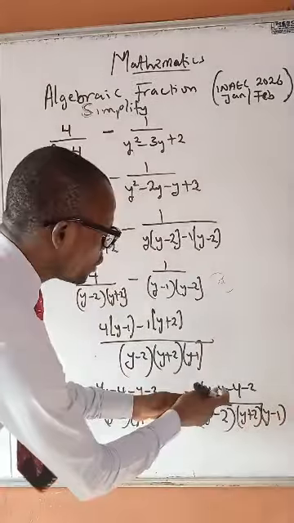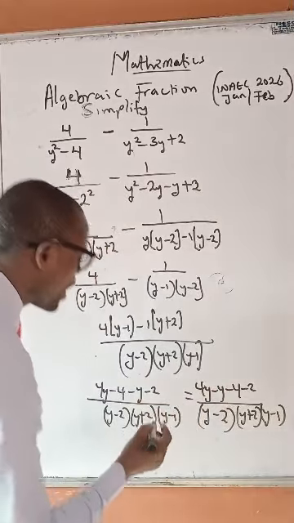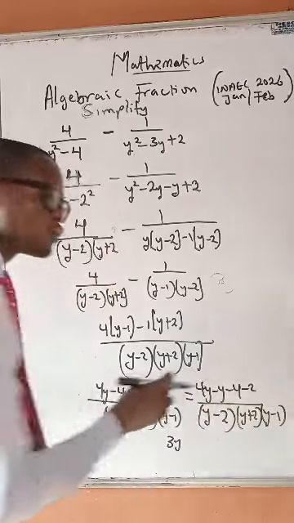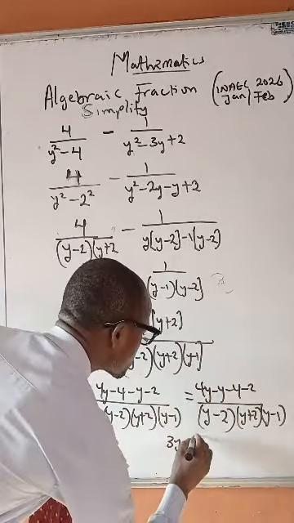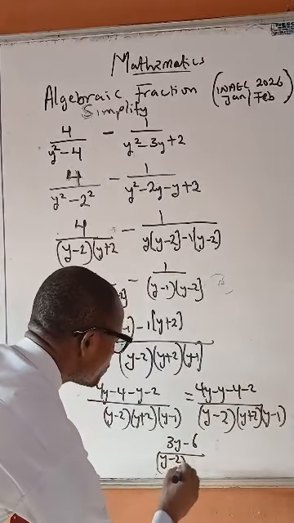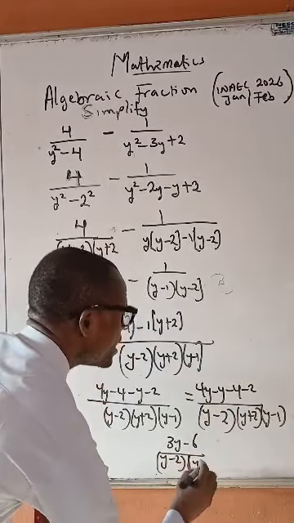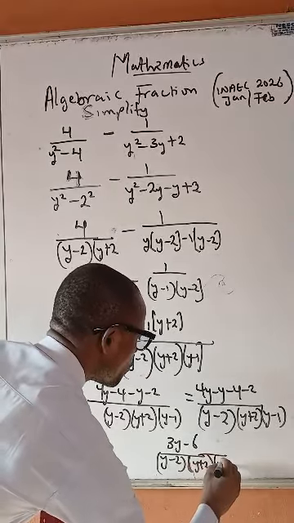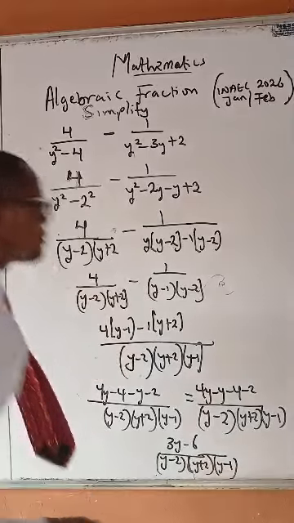Now what you are going to do, if you subtract this from this, you have 3y, this minus 4 minus 2 will give us minus 6. Everything over y minus 2, then y plus 2, then y minus 1.